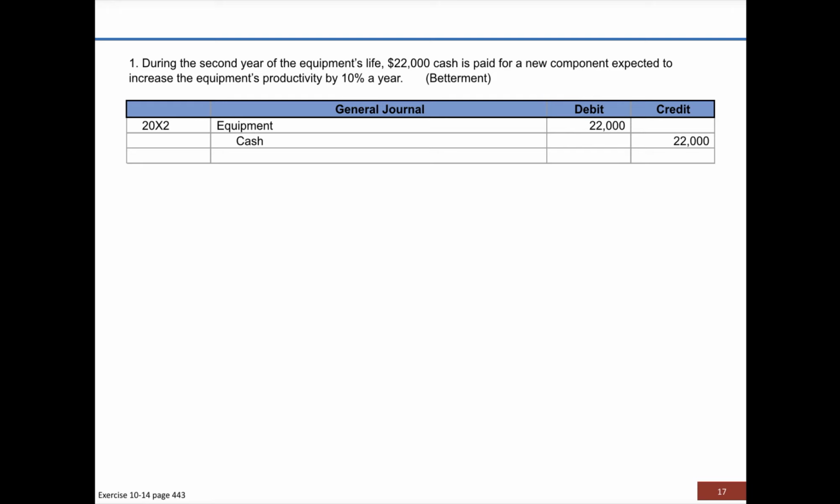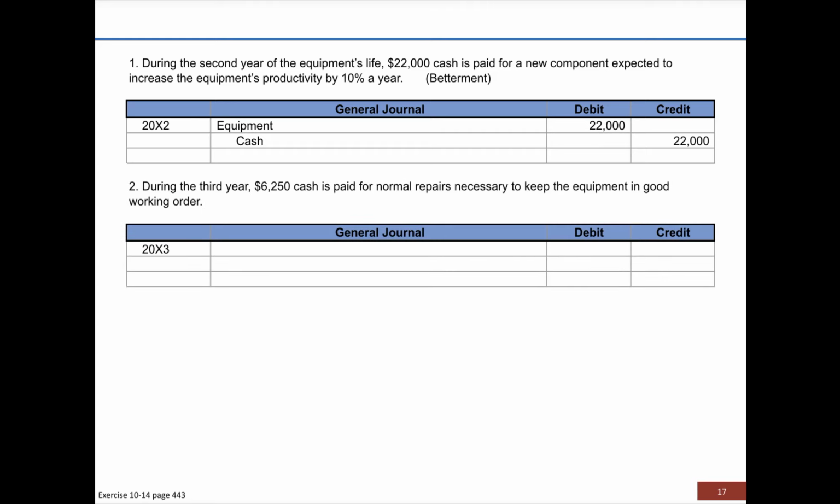And if whatever we've done to the equipment helps us earn revenue over a period of years, it makes sense that we're going to depreciate that. So this journal entry is telling me, again, we're just trading one asset for another, and I'm saying this is going towards making this a better asset for the company, not just keeping it in its present working order.